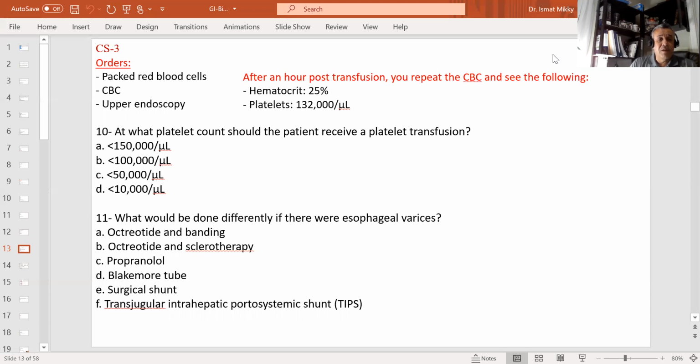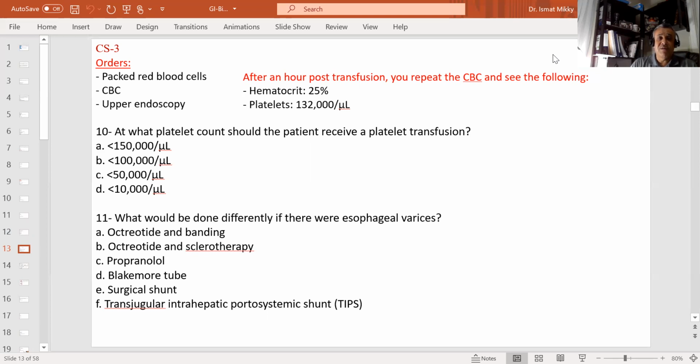So the upper GI endoscopy was performed and no varices were found, but there is an ulcer in the duodenum with some visible bleeding. So what would be done differently if there were esophageal varices?